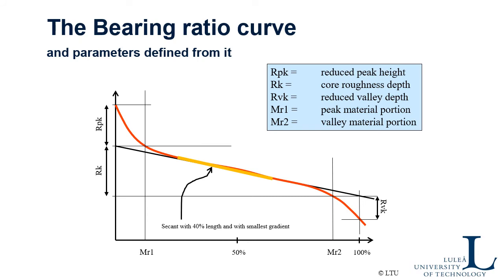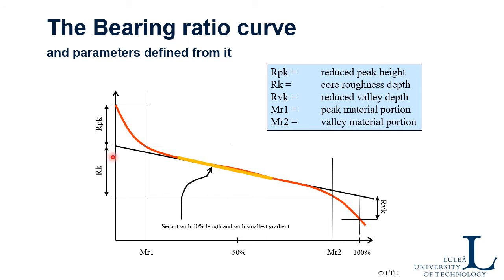Then there are a number of surface roughness parameters defined from this bearing ratio curve. You start by fitting a secant to the bearing ratio curve. You find a secant with a 40% length and the smallest gradient, and then you draw a line through that secant line, and then you can define a number of surface roughness parameters from that.